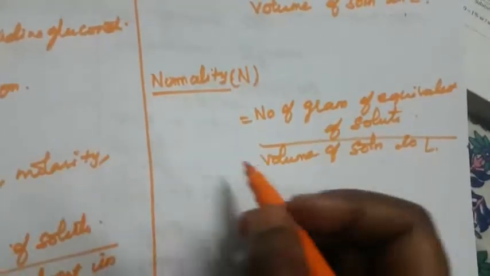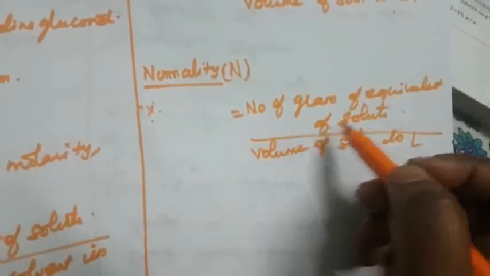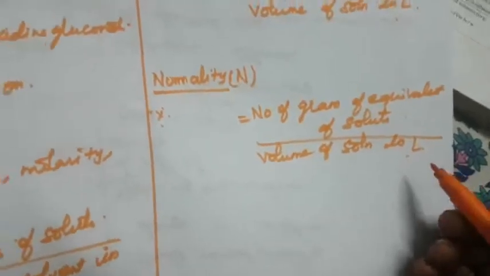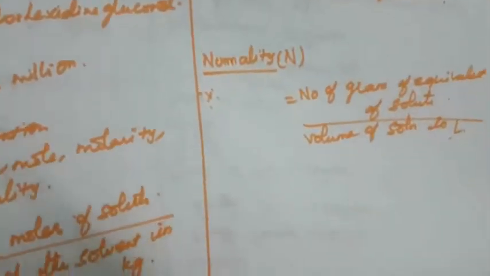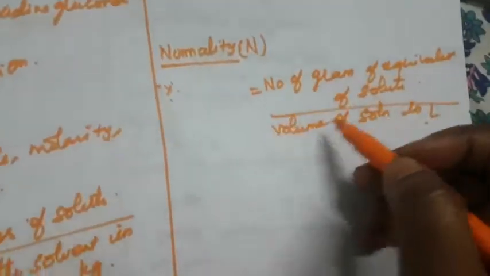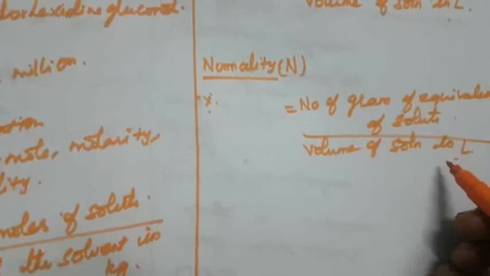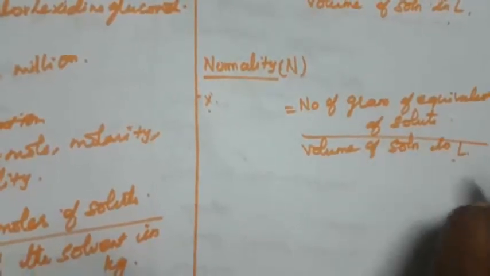Very, very important. So what is meant by normality? Number of gram equivalents of solute dissolved in volume of solution in liter. This is called normality.